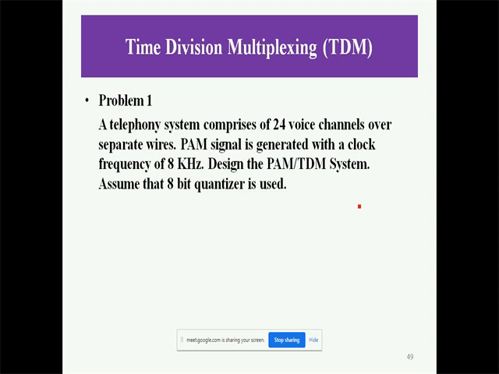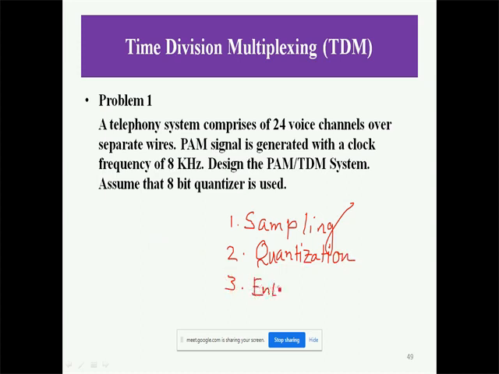So to convert an analog signal to a digital signal, we have the three basic steps: sampling, second one is quantization, and encoding.